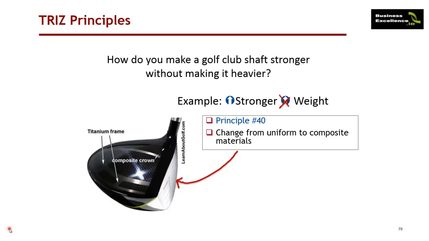So to make the club stronger, one way of doing it is to change the structure, to change the materials used in the golf club. So rather than steel, use titanium, use carbon fiber, for example, change the shape or make the head hollow, but still have the same characteristic. So one of the principles, principle 40, says change from a uniform to a composite material.